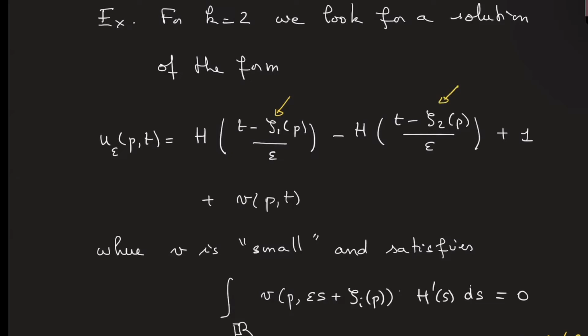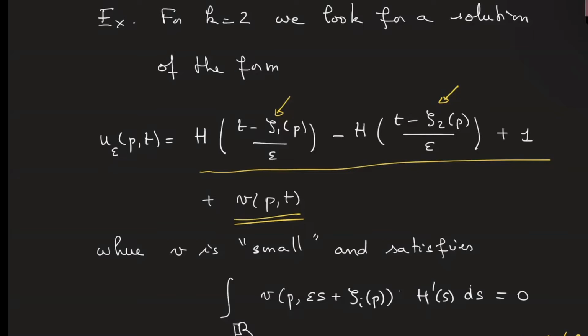Then there will be a small perturbation, and I hope to be able to find zeta1, zeta2, and v in such a way that the first line here is slightly perturbed to produce a solution of the Allen-Cahn equation.